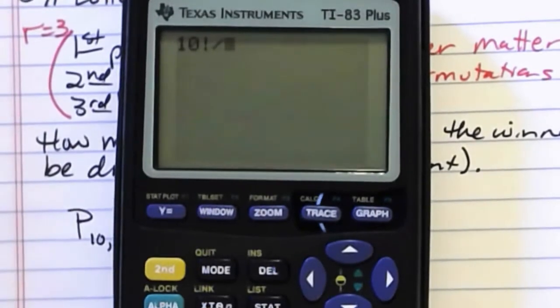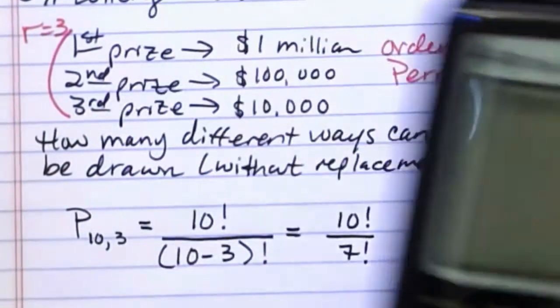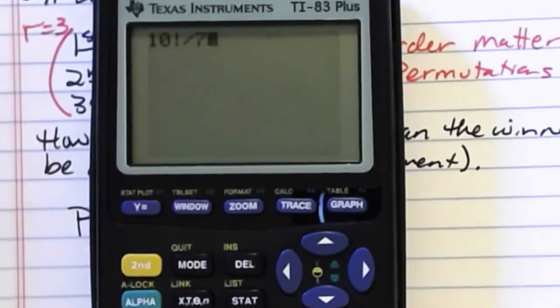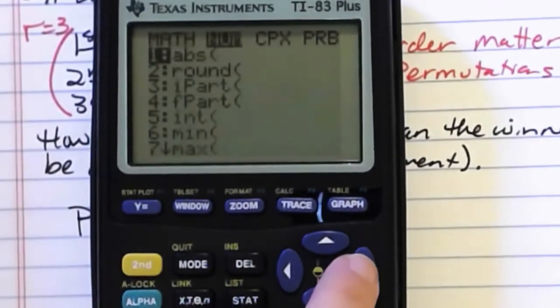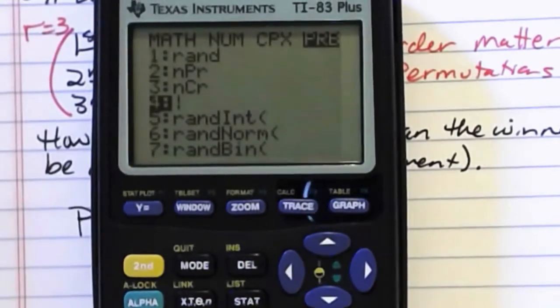Then we want to divide by 7 factorial. So we'll put in the, or sorry, not 7. Yeah, it was 7, wasn't it? Yeah, 7. Okay. I want to divide by 7 factorial. So we'll put in the 7, press the math key again, all the way to the right to the probability submenu, select factorial.